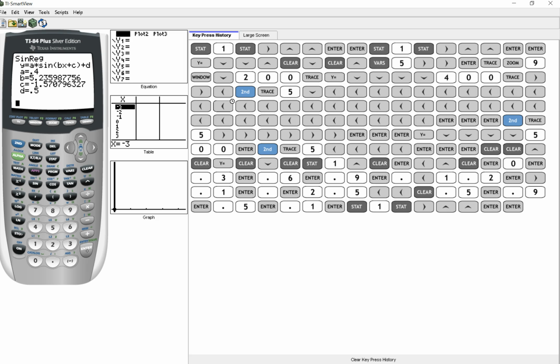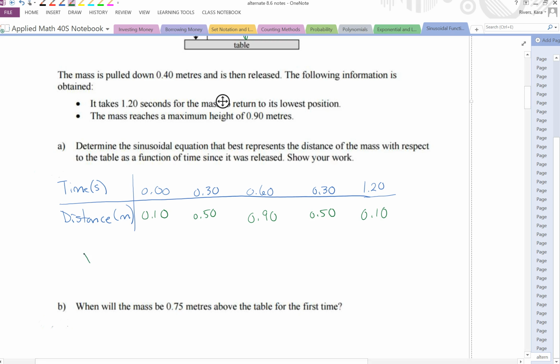So if we're rounding everything to 2 decimal places, it would look like this. y equals 0.40 sine of 5.24x minus 1.57 plus 0.50. Alright, now we can use our function to answer B.